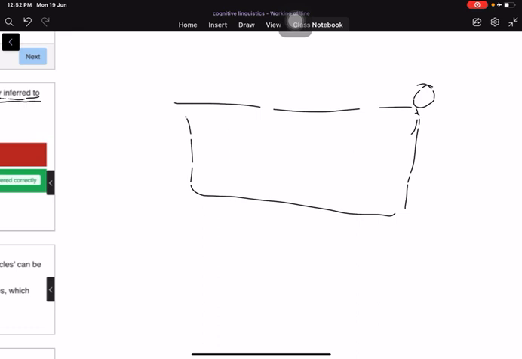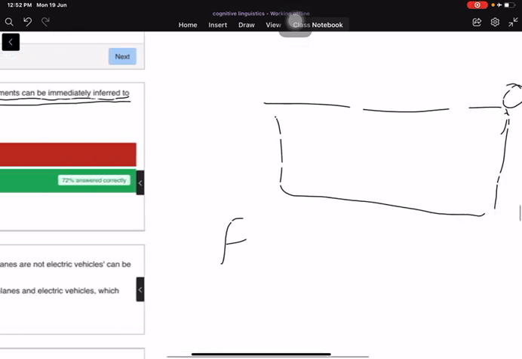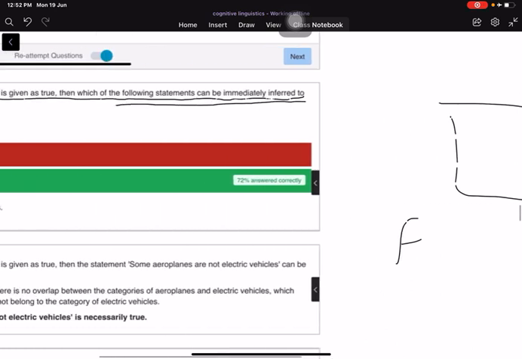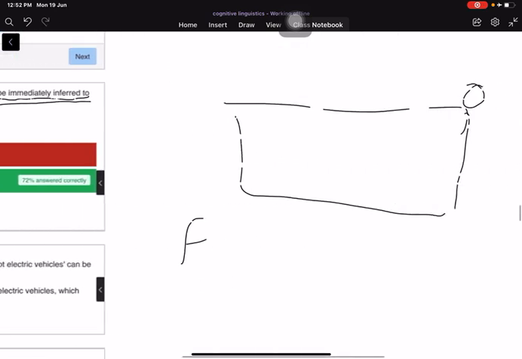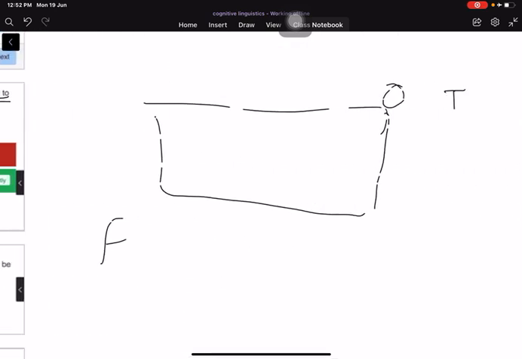So this is given as true, then what would be false would be this. And this would be true, right? Some are not.